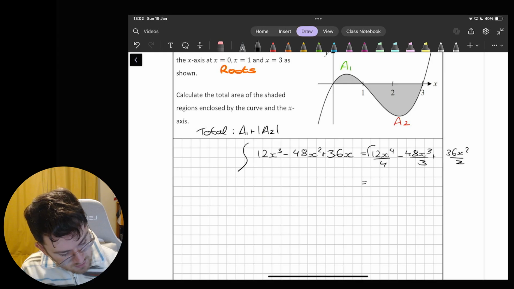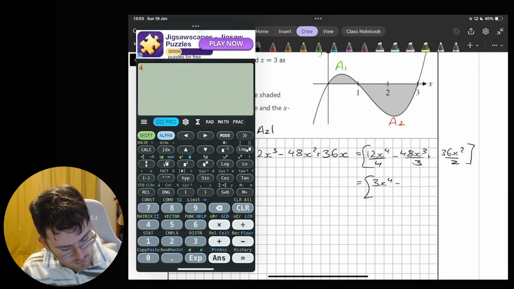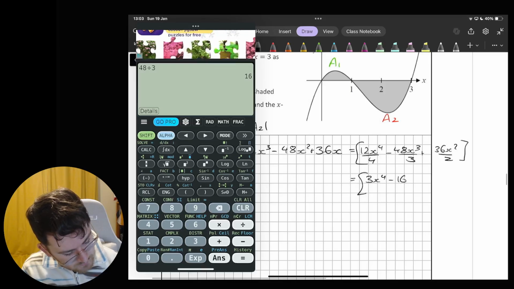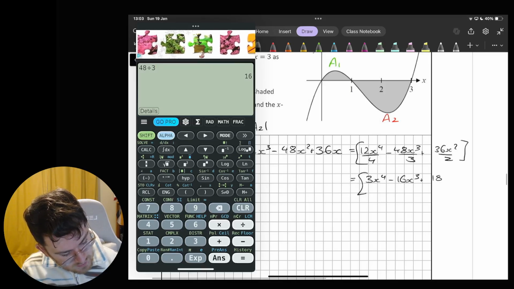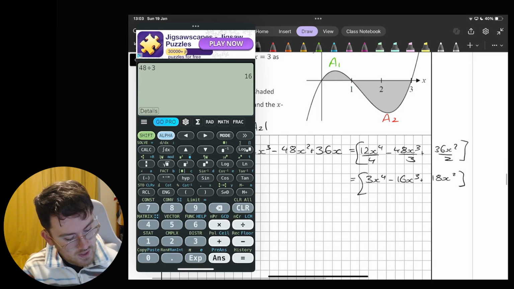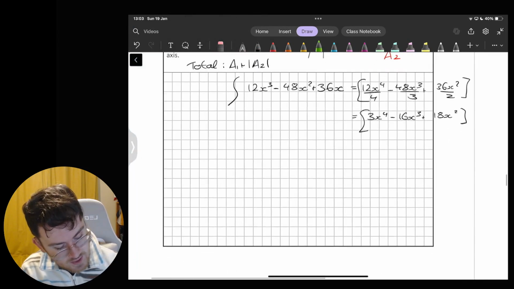And let's work that out a little bit better. So that's going to be 3x^4 minus 48 divided by 3 does work, 16x^3, and 18x^2.